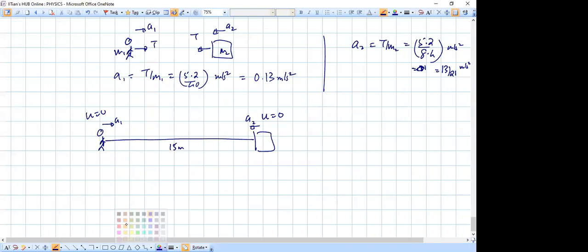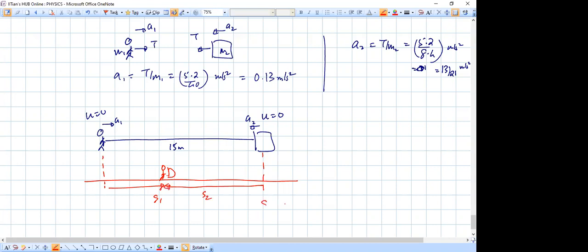After some time, as they go on pulling the rope, they meet here. The girl's displacement is s1, the sled's displacement is s2.